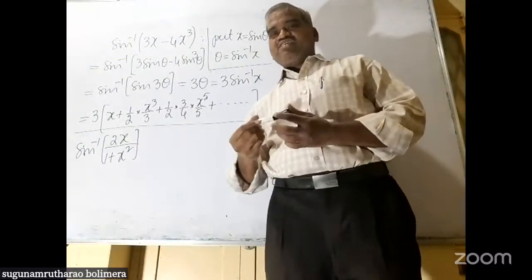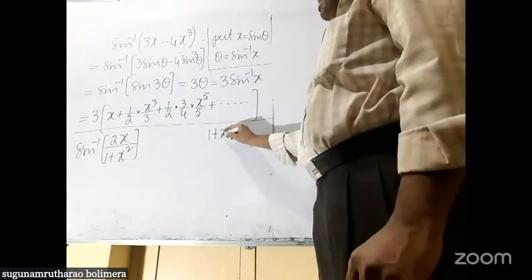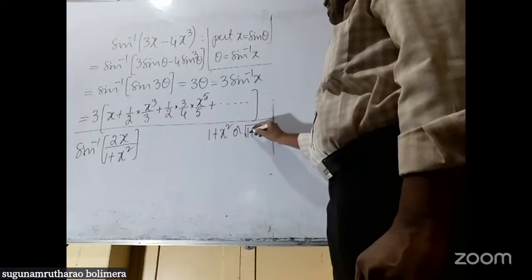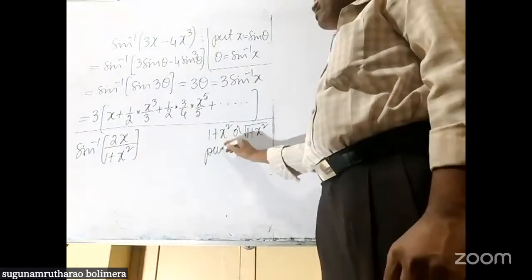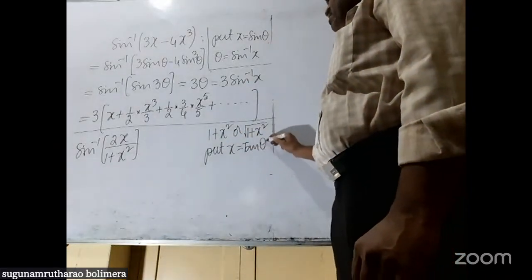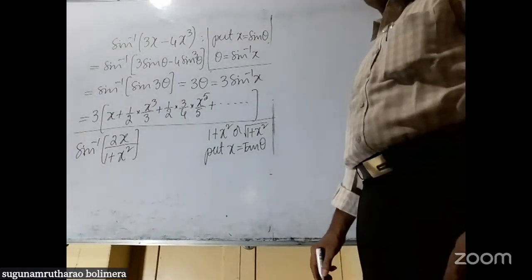In examination, if you are having 1 plus x squared or root of 1 plus x squared, try to substitute x equals to tan theta, then it will be reduced into some simple form.